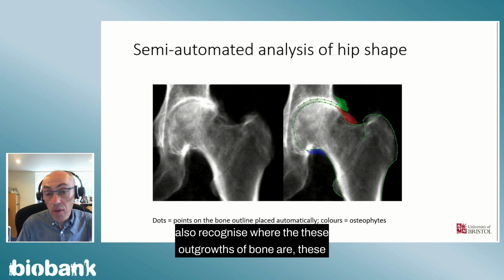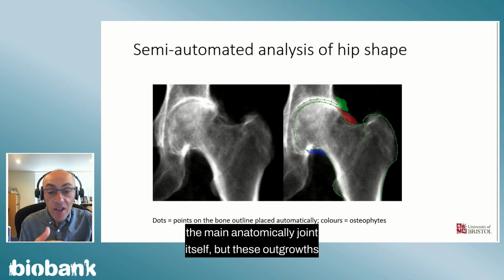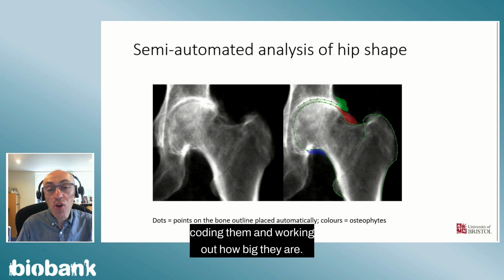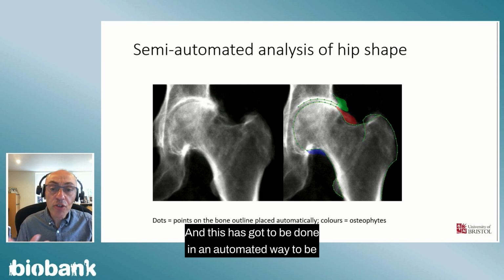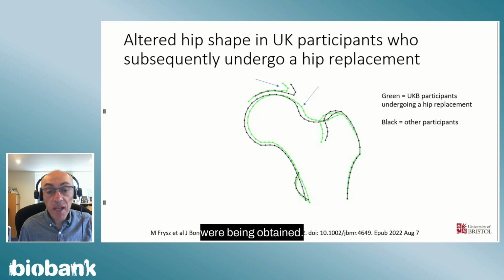It also recognizes where these outgrowths of bone are, these osteophytes that are not part of the main anatomical joint itself. We can recognize those, color code them and work out how big they are. This has got to be done in an automated way to be able to deal with the huge scale of the images that are being obtained.